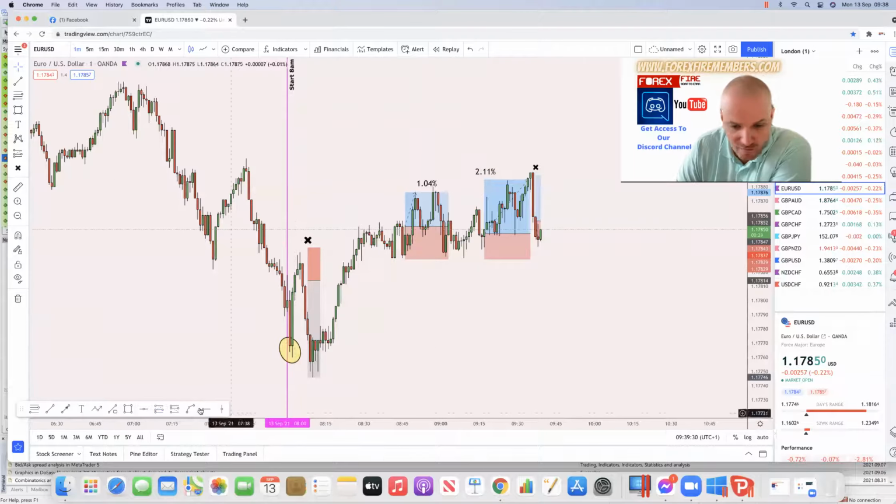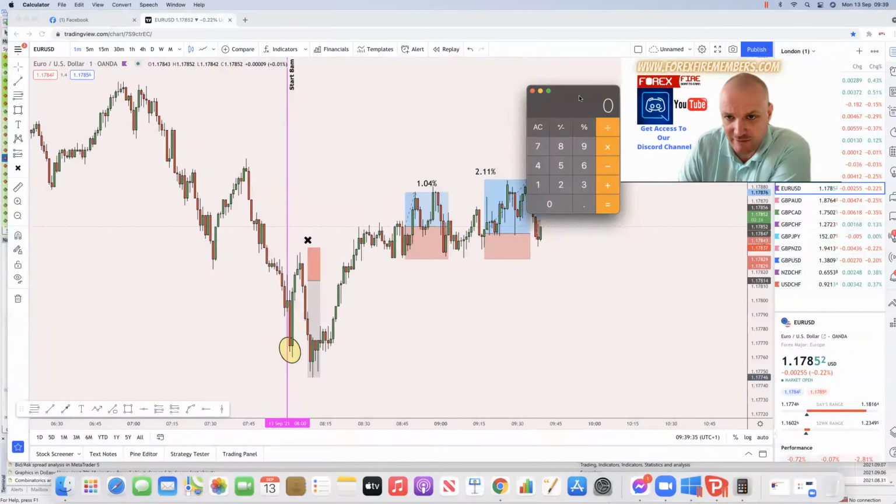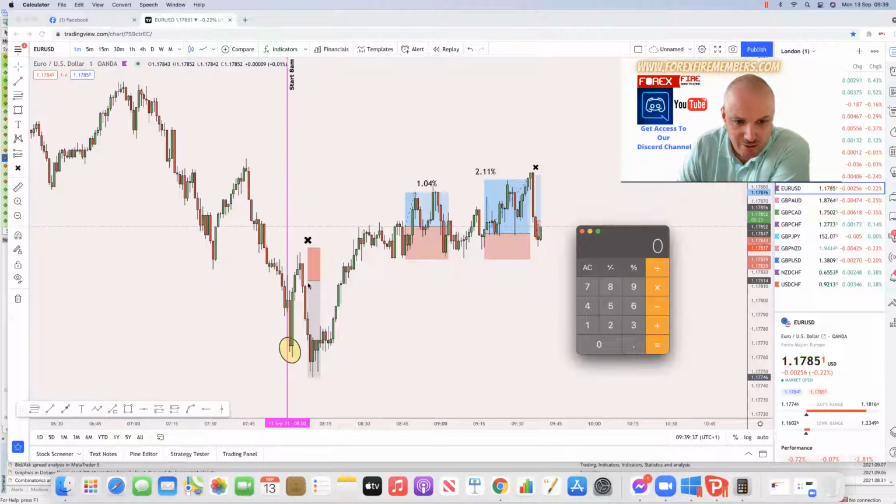So before we go any further, let's get the calculator on here. Again, that was a -1 plus a 1.04. -1 plus a 0.0. Get this right, John. -1 plus a 1.04.